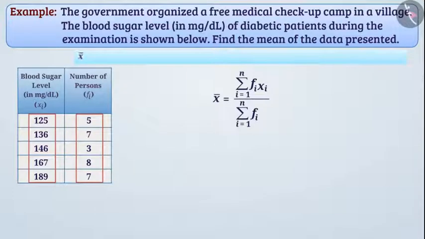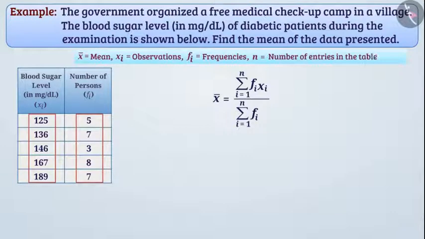Here, x bar is mean, xi is observations, fi is frequencies, and n is the number of entries in the table. Here, n is equal to 5.